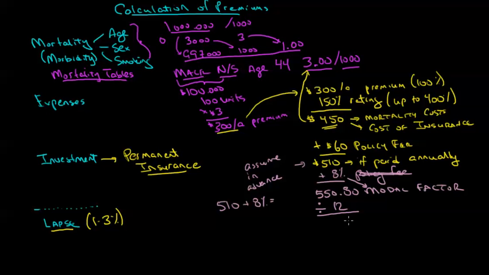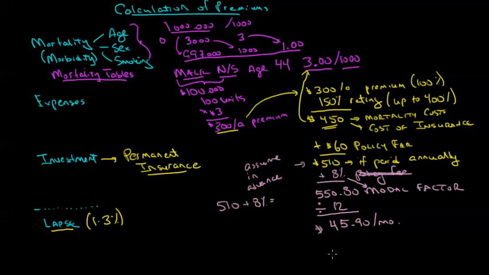And now we take that $550.80 divided by 12, and your monthly premium for this $100,000 of insurance for a 44-year-old male, and this would assume a 1-year non-renewable term policy, will be $45.90 per month.